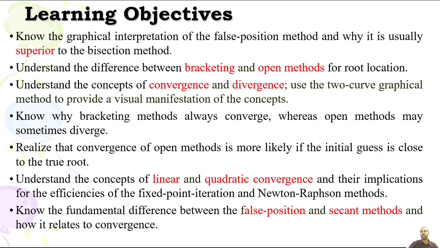So at the end of this chapter, you'll be able to know the graphical interpretation of the false position method and why it is usually superior to the bisection method. And also you will be able to understand the difference between bracketing and open methods for root location, and understand the concepts of convergence and divergence.